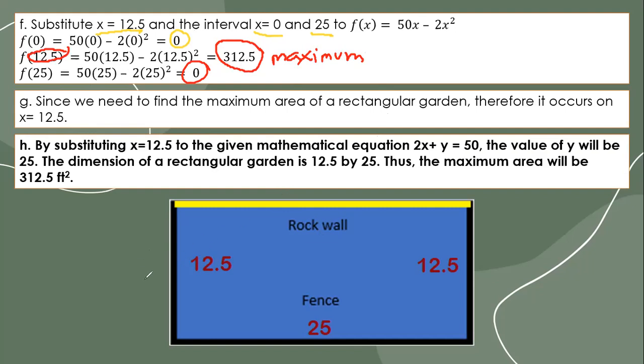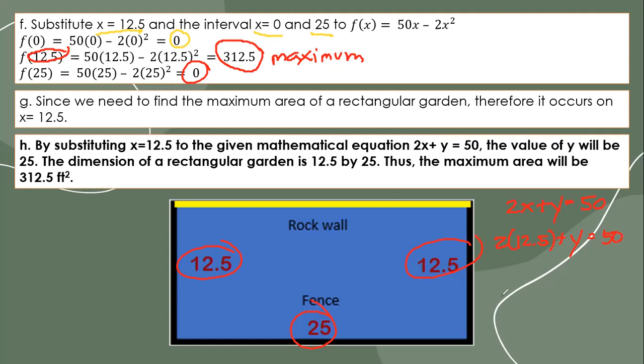Okay? So meron tayong value. Ayan, nakuha na natin 12.5. Paano natin makuha yung value ng y? Sinubstitute sa ating 2x plus y is equal to 50. So since may value tayo ng 2 times 12.5, hanapin na lang natin yung y.